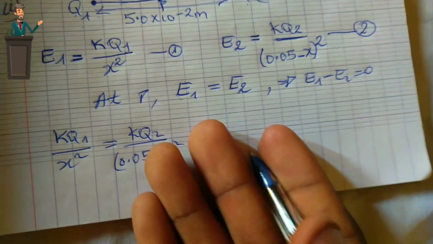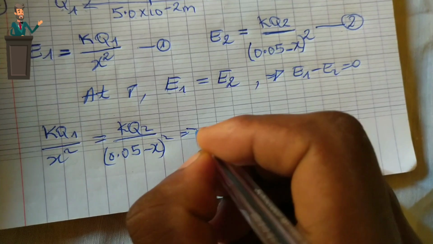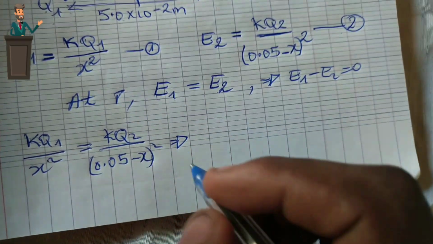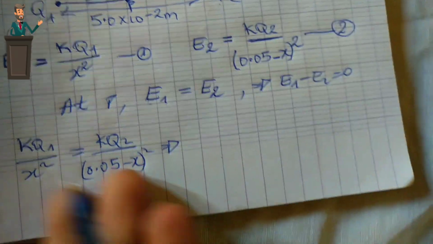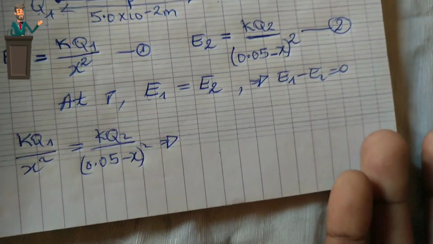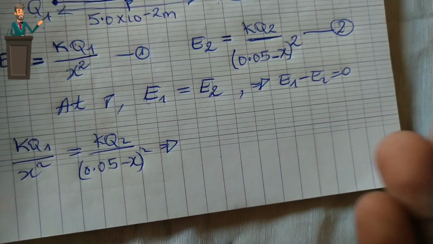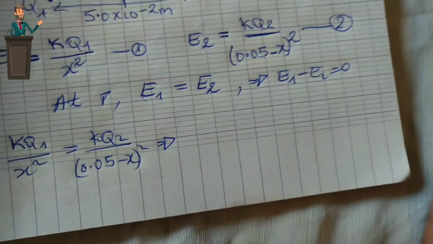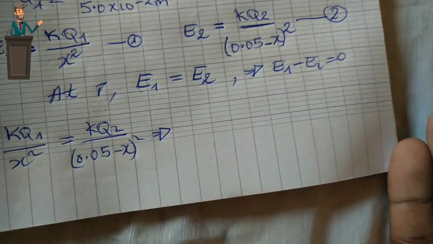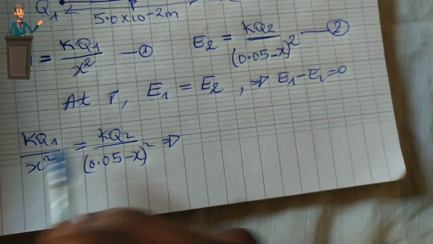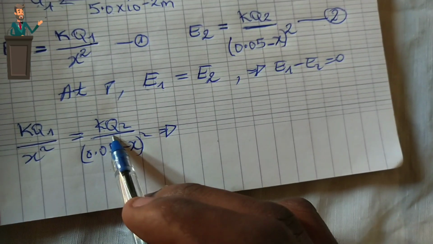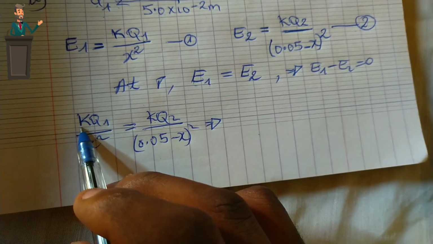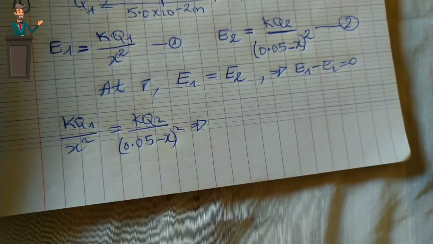And so, can we cross multiply? Let us cross multiply and actually substitute the values of Q1 and Q2 at once. We already know that the K on the left hand side and the K on the right hand side are going to cancel out. What is K? K is the electric field constant, right?